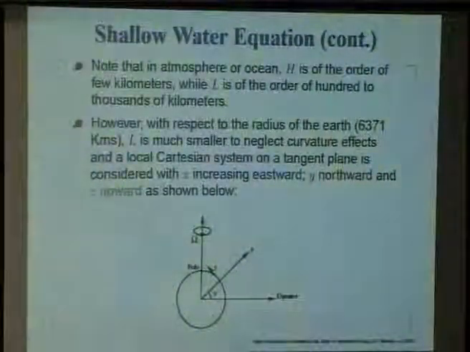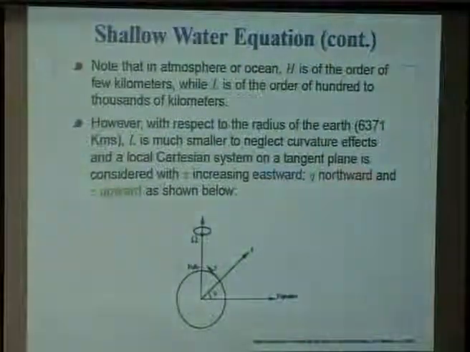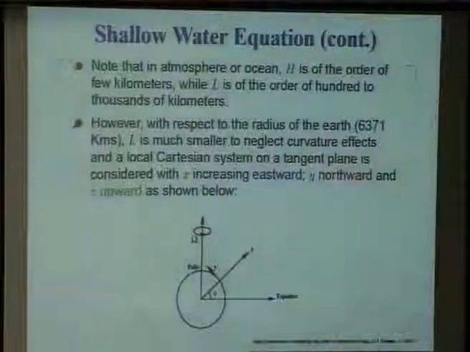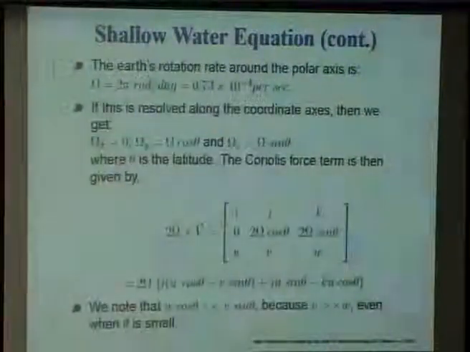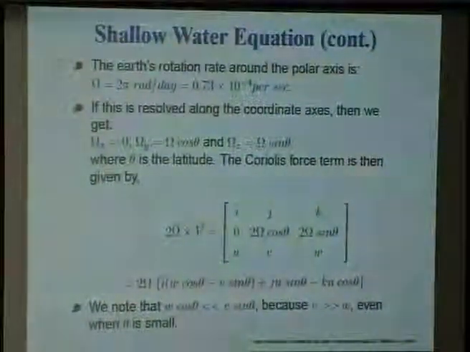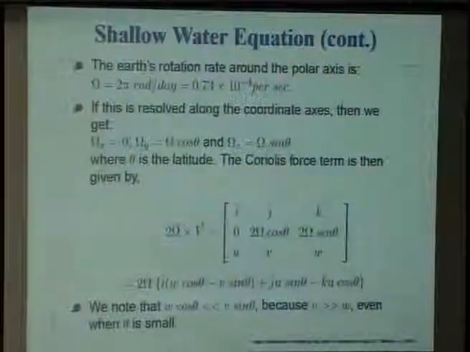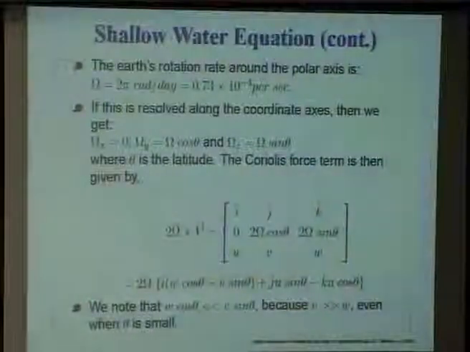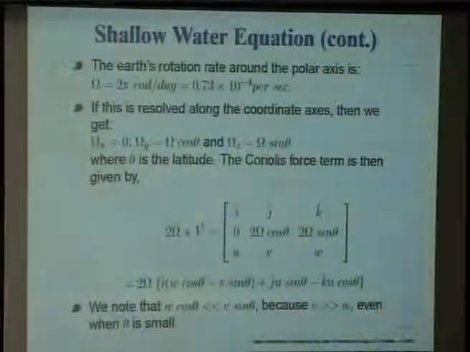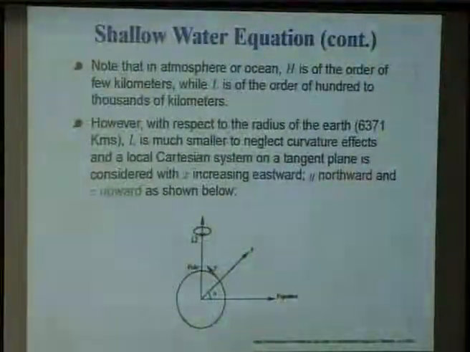So, this is a Cartesian coordinate system that we can adopt for this shallow water equation, which we have purposely chosen because we can neglect curvature effects. If I do that, I know that the earth rotation rate omega is 2 pi radians per day. That works out to a very small value, 10 to the power minus 4. But if I go back to this, this is the direction of the omega vector.